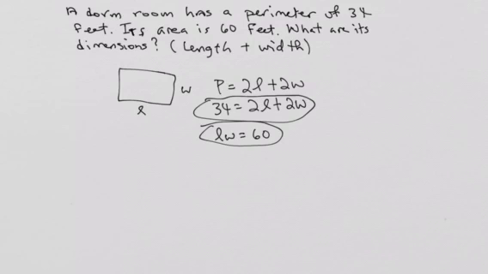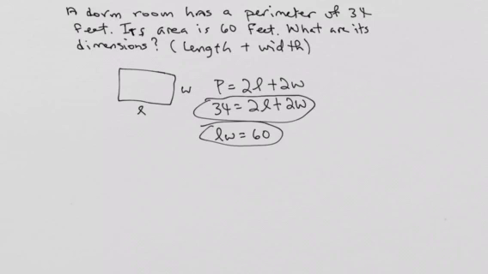And your class, as it often does, is hard fast on this type of thing. We're going to want to put these two equations together, get rid of a variable. And we're going to do this by substitution.